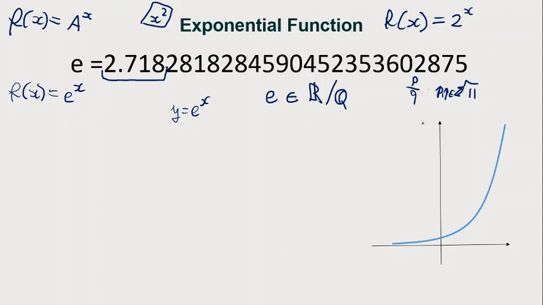We have f of x on the vertical axis and x on the horizontal axis, with 0 there. In terms of the behavior, we are going to introduce limits very gently and see what happens if we approach a specific value.